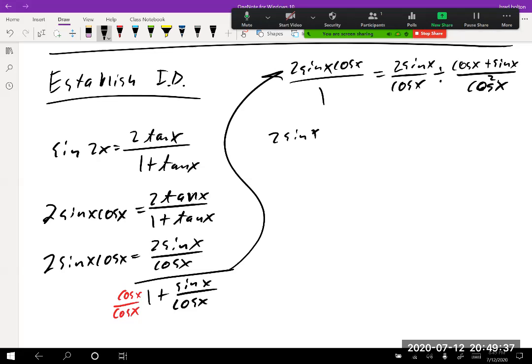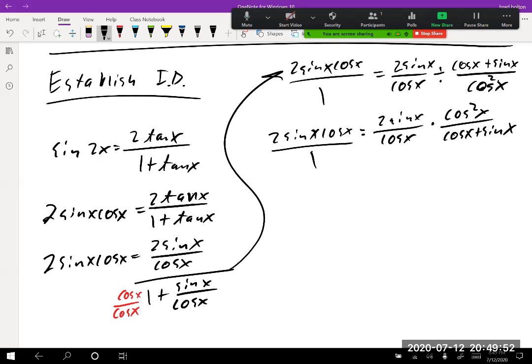2 sine x cosine x equals, I'll put over 1 just in case, 2 sine x over cosine x times cosine squared x over cosine x plus sine x. So far, just a little bit of cleanup. I don't see anything going crazy here. That cancels with that, and we just have one of them.